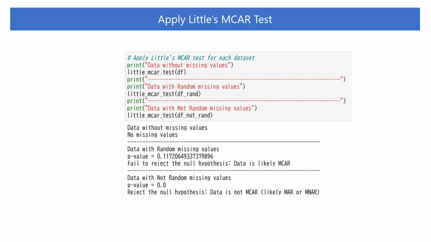Finally, for df_not_rand, the null hypothesis was rejected. In other words, the missing data is not MCAR, suggesting that it is MAR or MNAR. We can say that we could obtain expected and plausible results by this function.